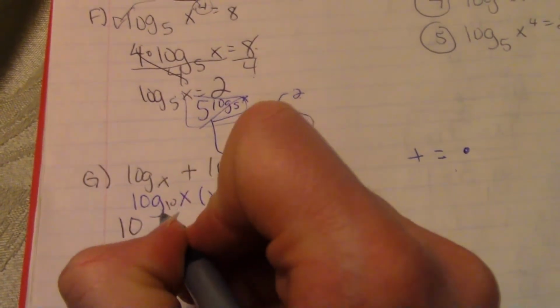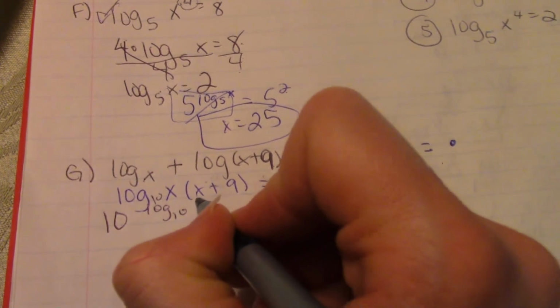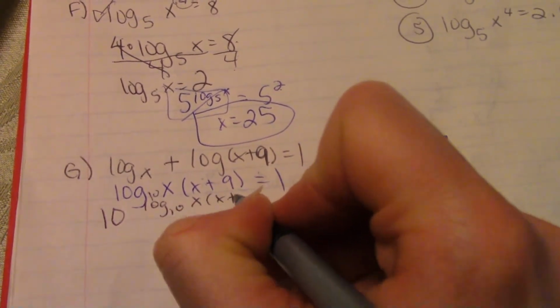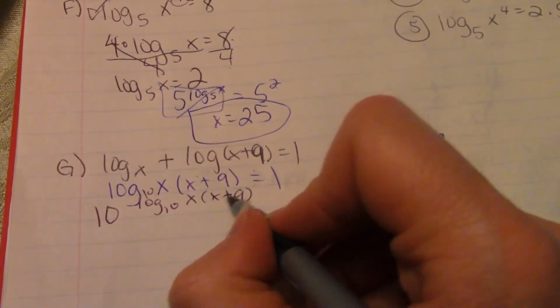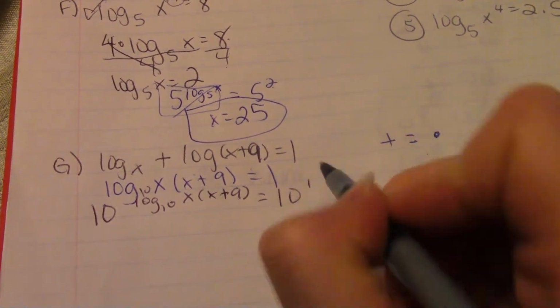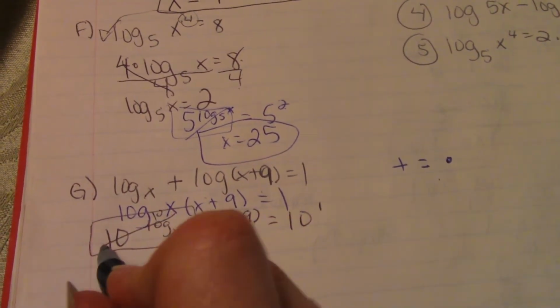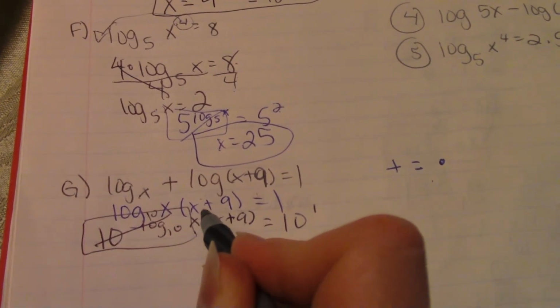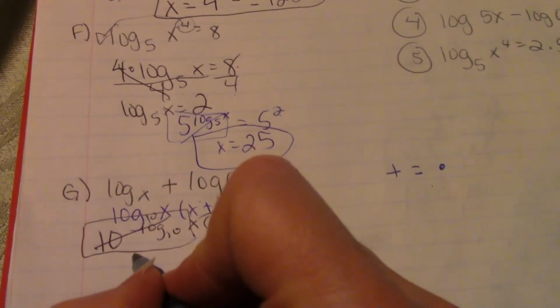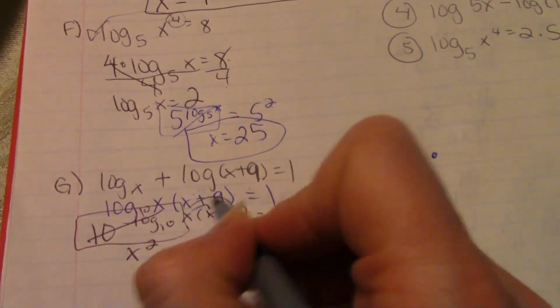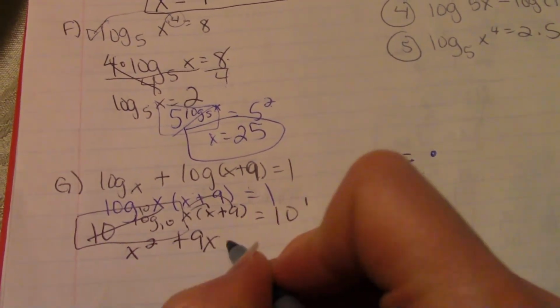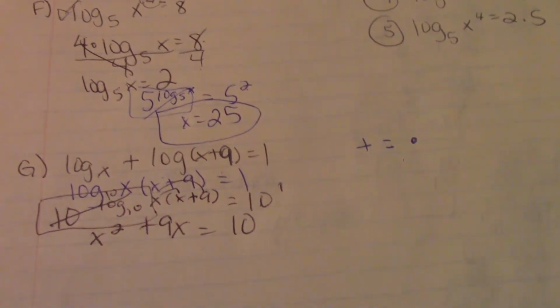So x times x plus 9 is 10 to the first power. Now that my bases are the same, these cancel. So I'm going to simplify. X times x is x squared. X times 9 is 9x. Equals 10 to the first power, which is 10.